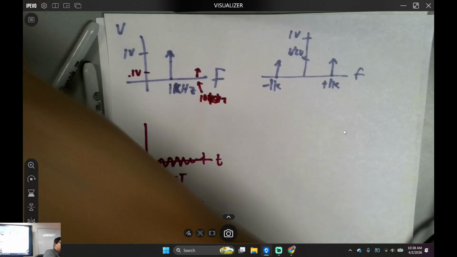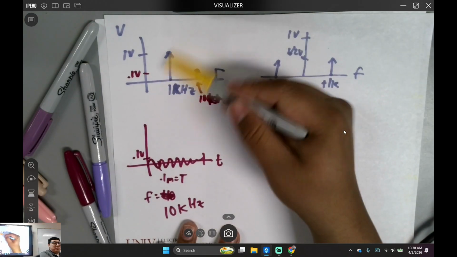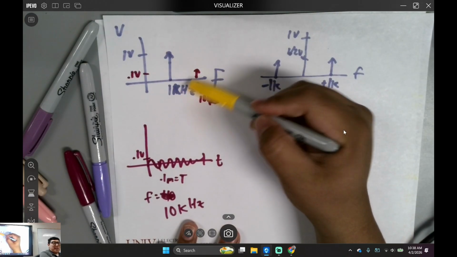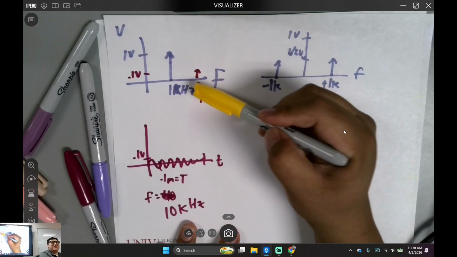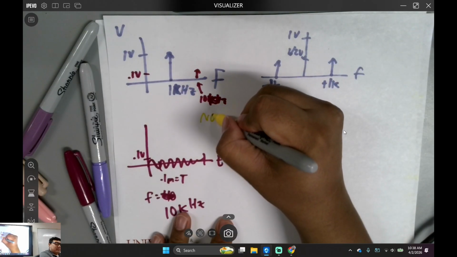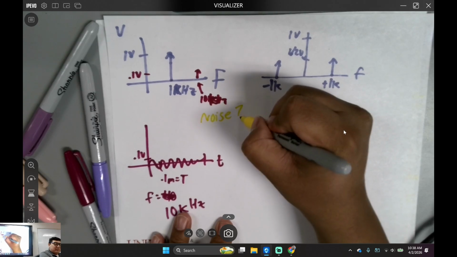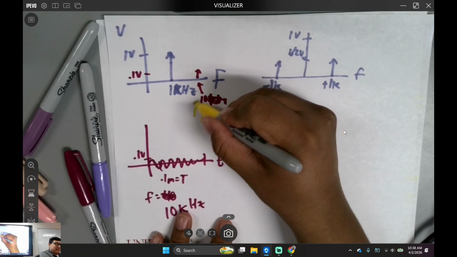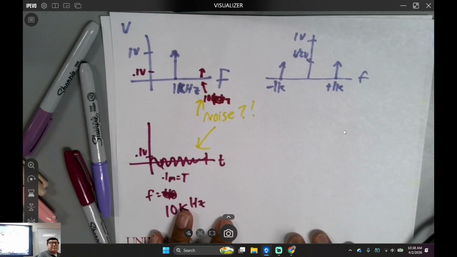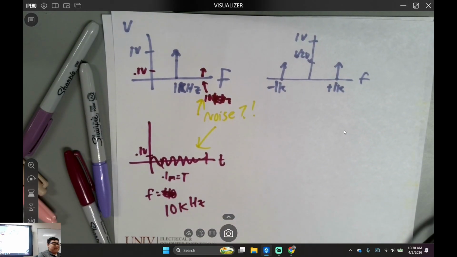So what if I treated this as, hey, I want this 1 kilohertz signal, but I don't want this guy. It's noise. Think of it as noise.